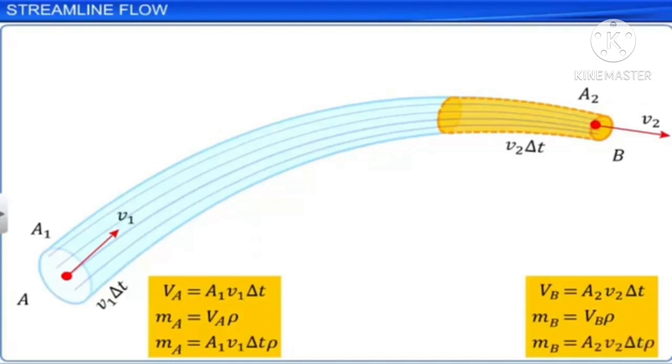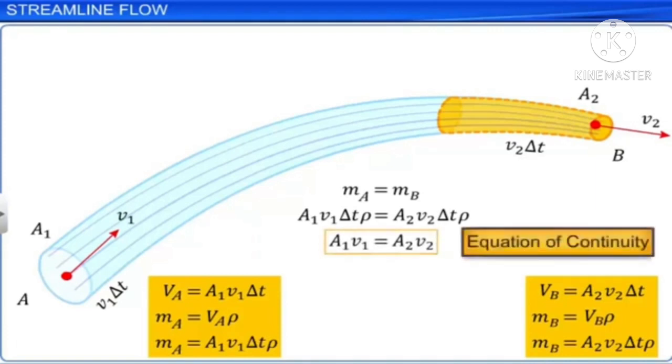As the fluid is incompressible, its density remains constant. As the mass of the fluid entering is equal to the mass of the fluid leaving the tube, we have A1 V1 delta t ρ is equal to A2 V2 delta t ρ. On simplification, we get A1 V1 is equal to A2 V2. This expression is called the equation of continuity.